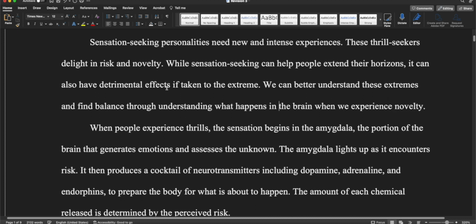We can better understand these extremes and find balance through understanding what happens in the brain when we experience novelty.